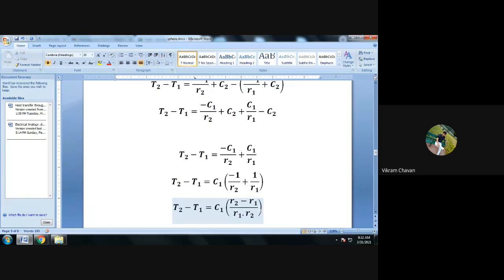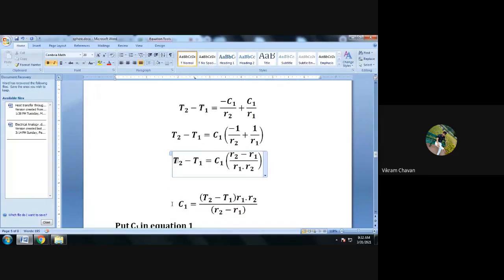T2 minus T1 is equal to C1 into the bracket R2 minus R1 divided by R1 into R2. Getting everyone? Now we have to determine C1. So for that reason, we have to convert this equation into the form of C1, by shifting this bracket to the other side.